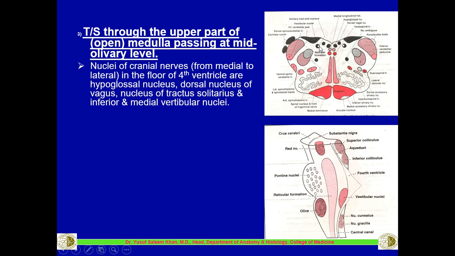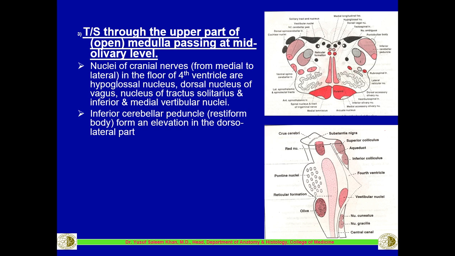Then the inferior and medial vestibular nuclei. You can appreciate the presence of vestibular nuclei on either side of the fourth ventricle. So we have the hypoglossal nucleus, then the dorsal nucleus of the vagus, then the solitary tract and the nucleus, and on the most lateral side we have the vestibular nuclei.